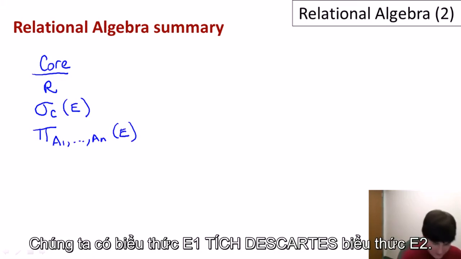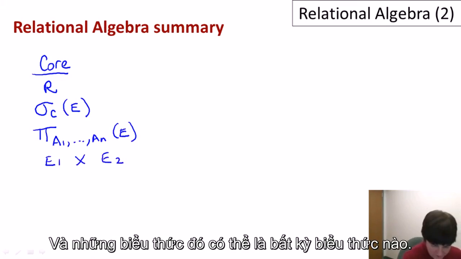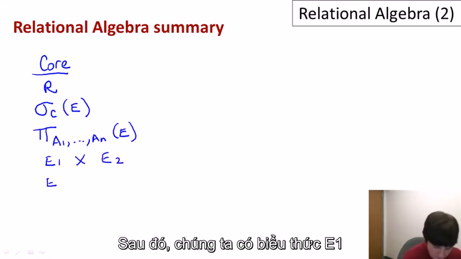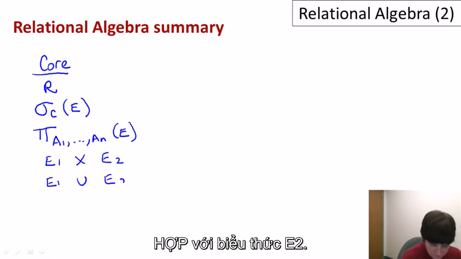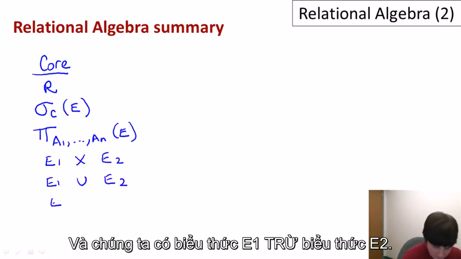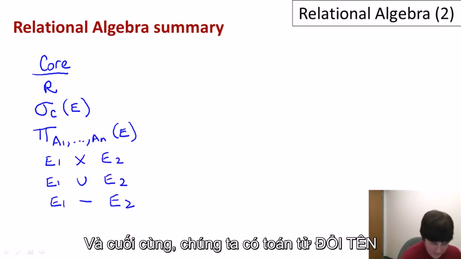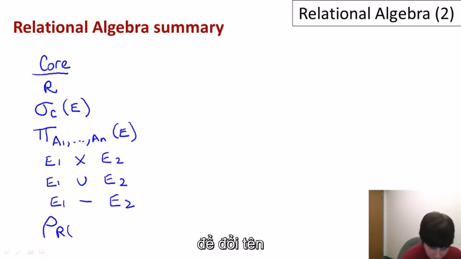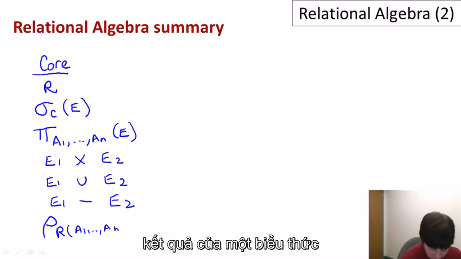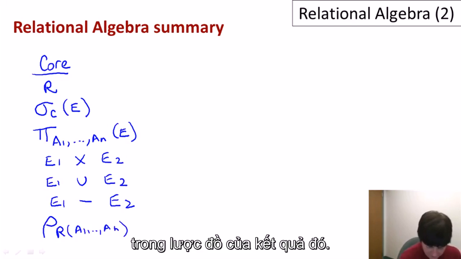We have the expression 1 cross product expression 2, and again, those can be any expressions. Then we have expression 1 union expression 2, and we have expression 1 minus expression 2, and finally we have the rename operator that takes an expression and renames the schema in the result of that expression.